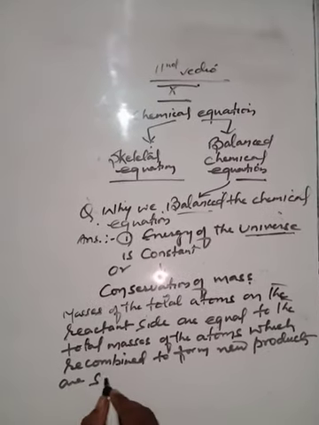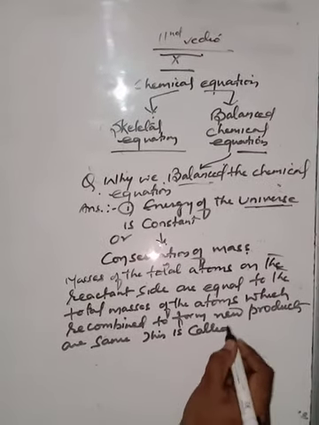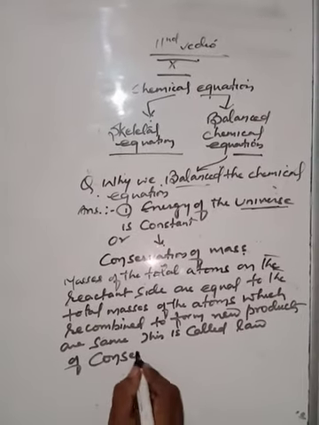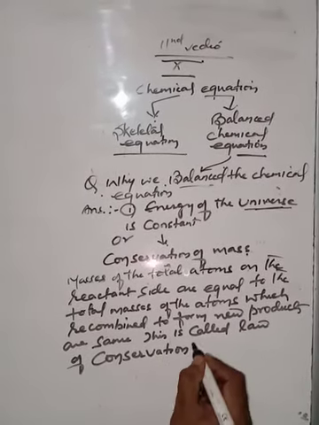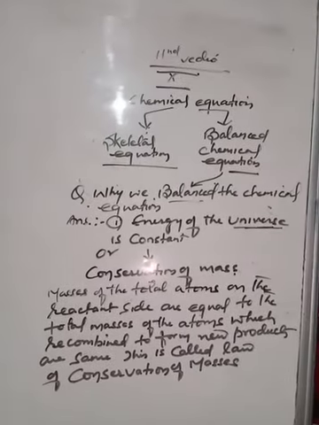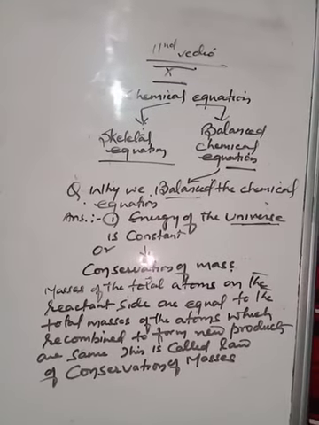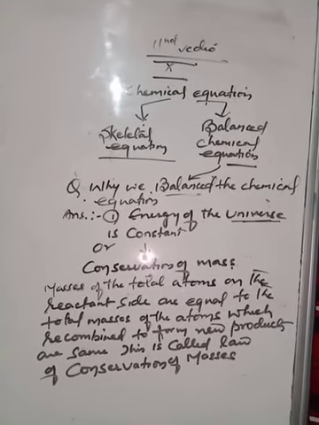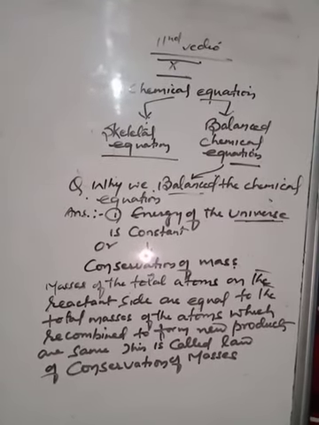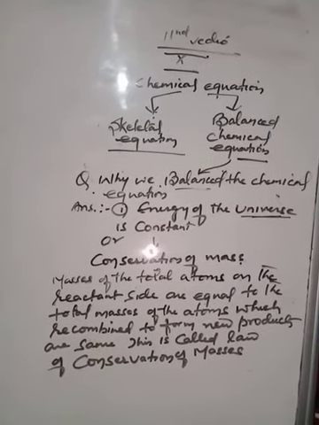This is called the law of conservation of mass. So we have to balance the chemical equation because the energy of the universe is constant, and according to the law of conservation of mass, the total mass on the reactant side is equal to the total mass on the product side.